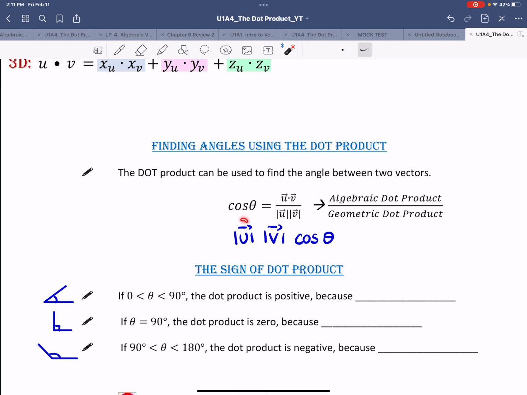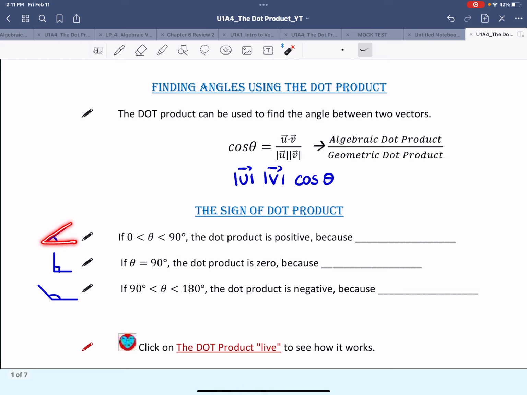So we're basically multiplying a positive with a positive number, so these two will give a positive, and the sign of the dot product seems to depend only on the sign of cos theta. If the angle made between two vectors is acute, cos theta will be a positive number, which means that the product will be positive: positive, positive, positive, the dot product will be positive.